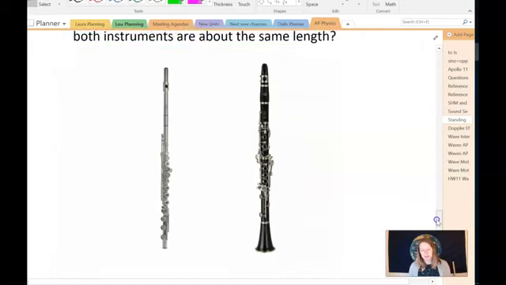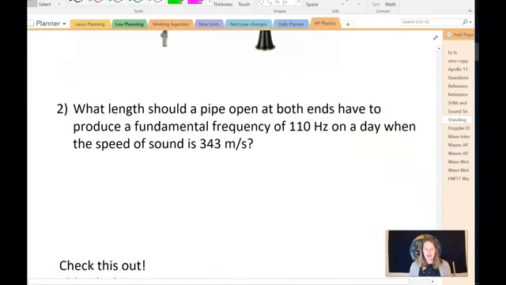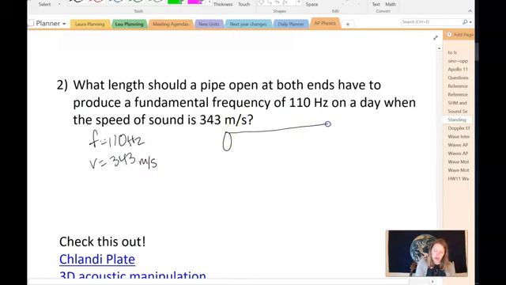fundamental of the clarinet. What length should a pipe open at both ends have to be to produce a fundamental frequency of 110 hertz? So if the frequency is 110 hertz, the speed of sound is 343 meters per second. We're dealing with a pipe that's open at both ends.